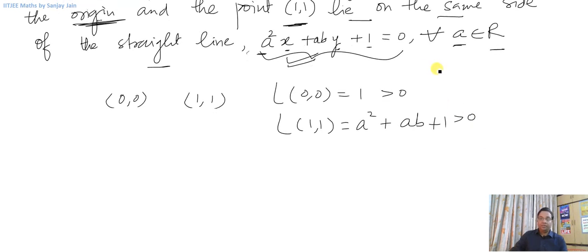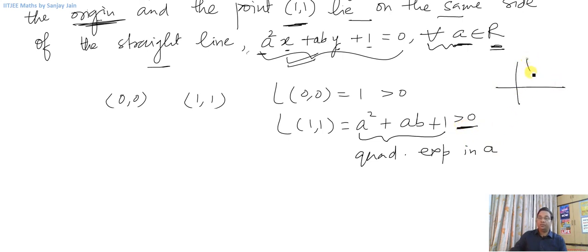It should be greater than 0. Now it is mentioned in the question that a belongs to real numbers, and you see this is a quadratic expression in a, which is always positive, greater than 0. So if a quadratic is always greater than 0, it doesn't touch the x-axis. That means its discriminant is less than 0.